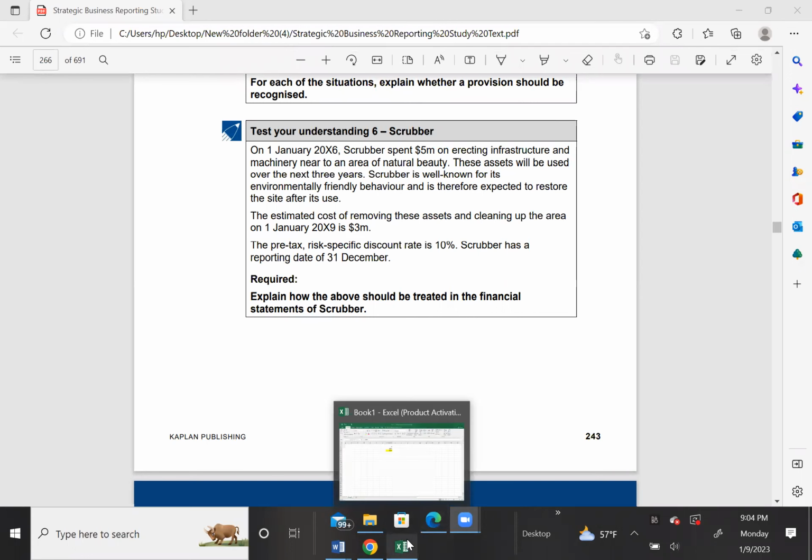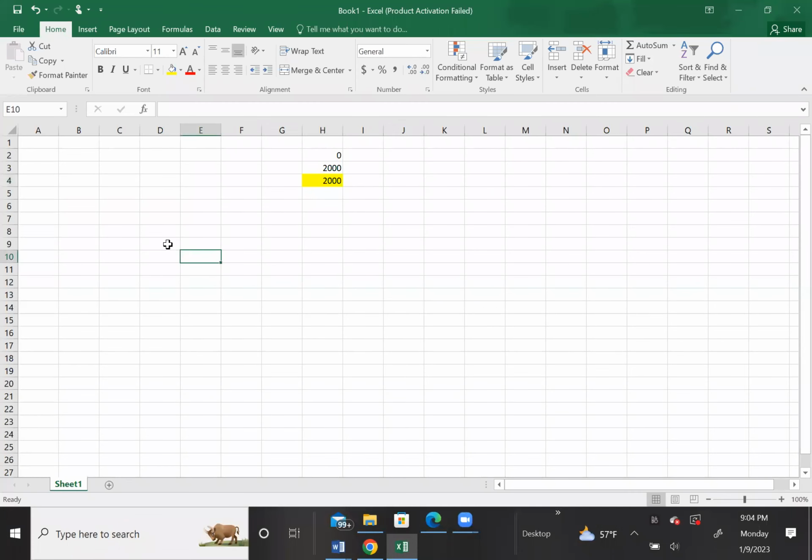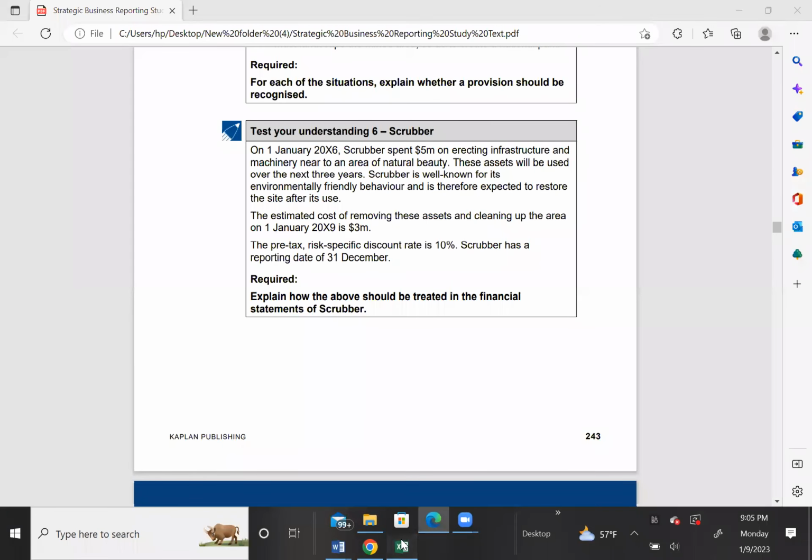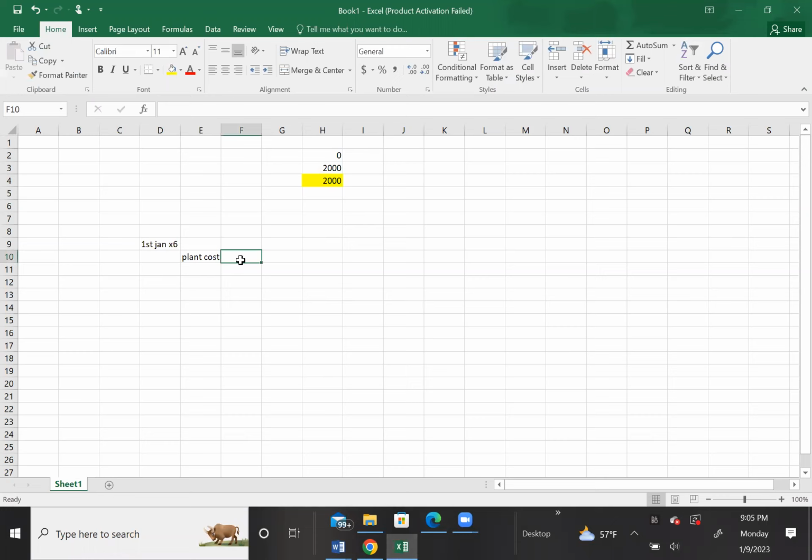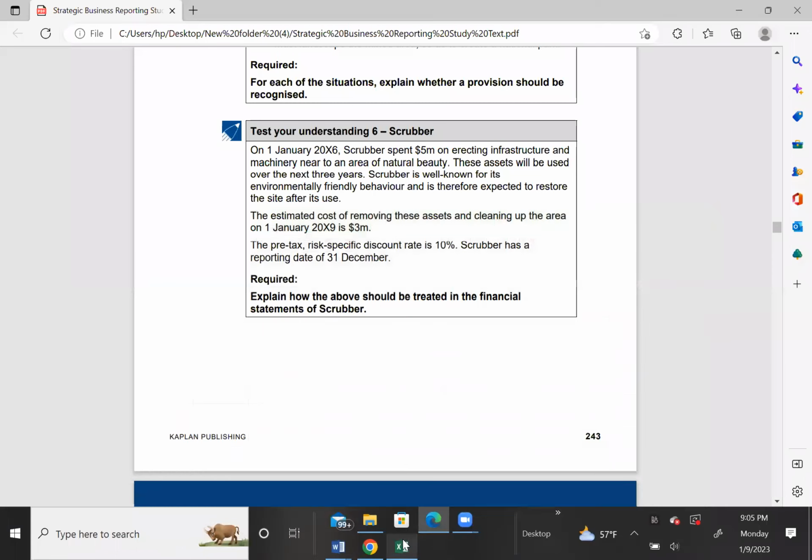Now look at the Excel sheet. First of all, on 1st Jan X6, plant cost, the value at which they have installed the asset, is 5 million. So we will take the 5 million. And the provision for cleaning or dismantling will be recognized as part of the cost of the asset, but it will be recognized at present value.